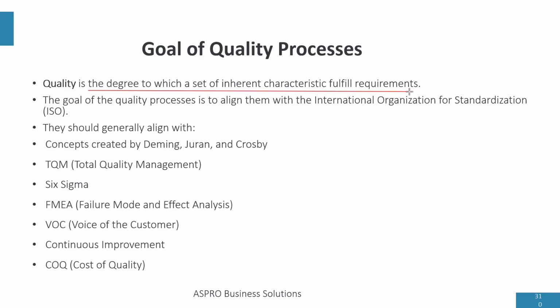For you to join this class, your computer or your phone or your tab must have a set of inherent characteristics that enables the tab or phone or laptop to join the class.